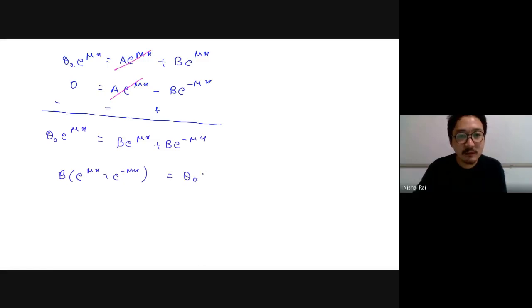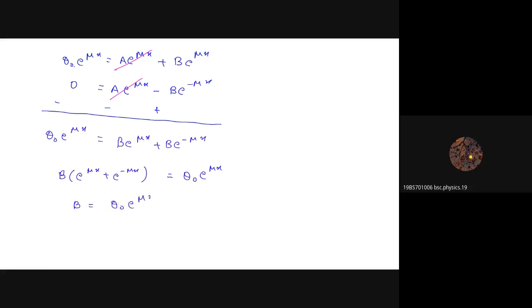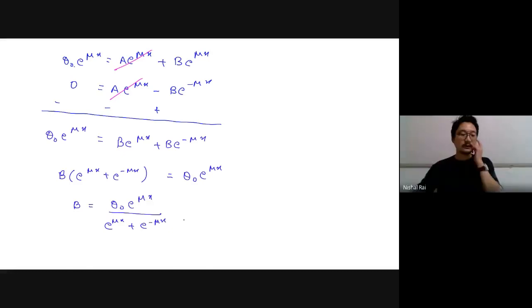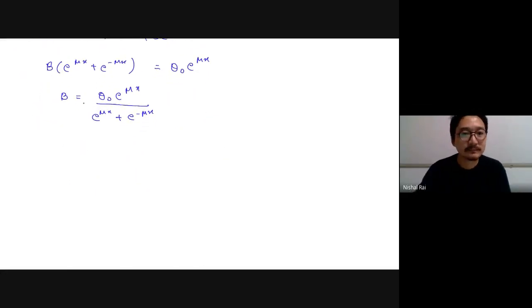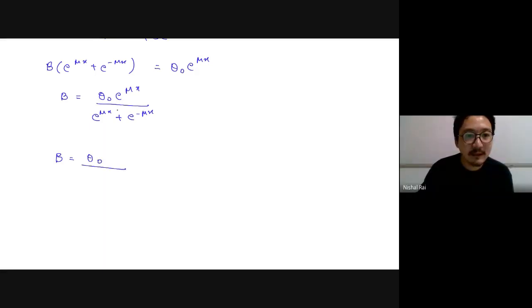Theta naught e to the power mu x. Clear? So B will be theta naught e to the power mu x divided by e to the power mu x plus e to the power minus mu x. Is this point clear? So can we get rid of this? Can we write this thing in this manner? B is equal to theta naught divided by, if we divide both sides by this, or if we take out e to the power mu x common over here, then we'll end up with what?